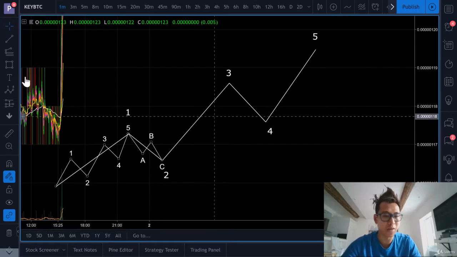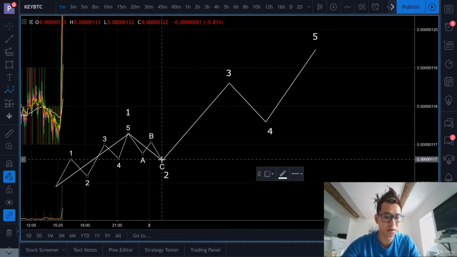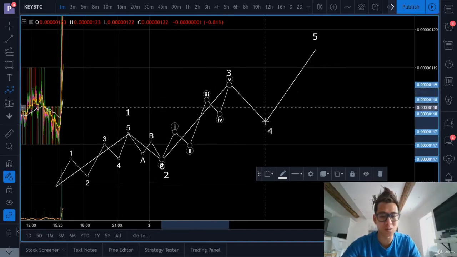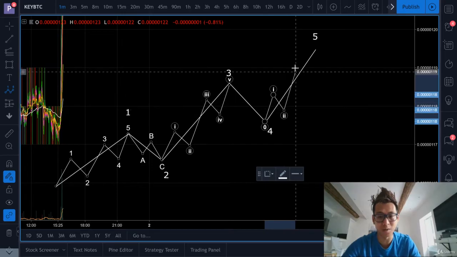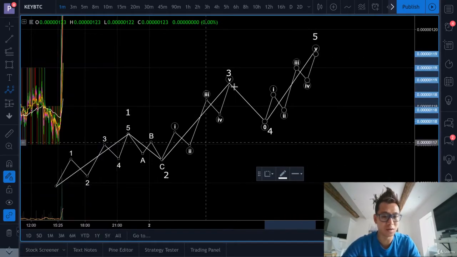And then this one here will also have 5 waves inside of here, okay? It'll have 5 waves in the impulse wave up. And then this will have 5 waves as well on the impulse wave up. This will have an ABC in here, okay?